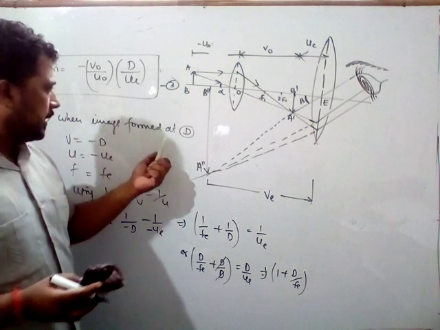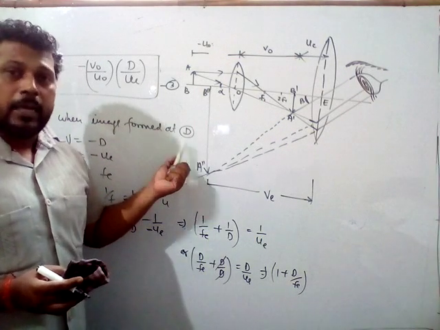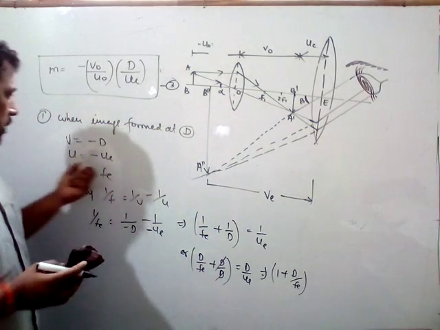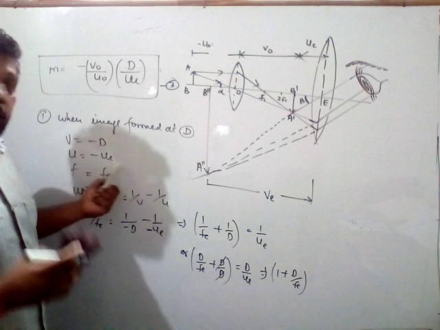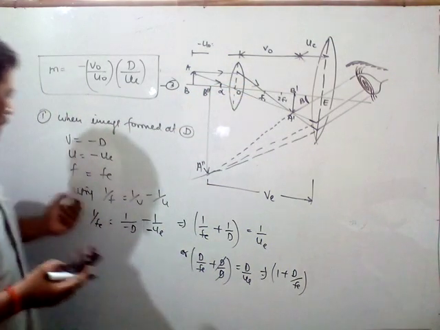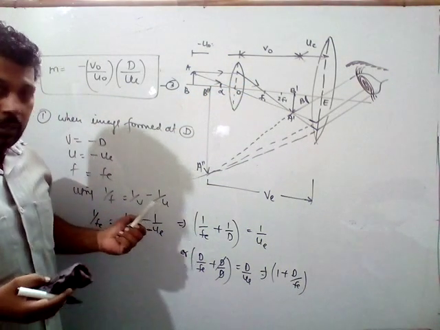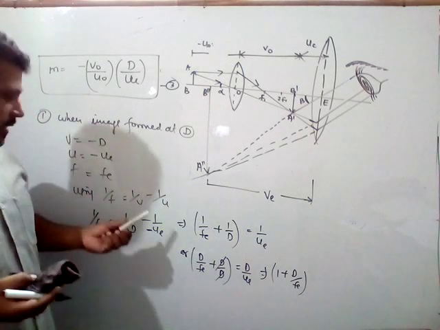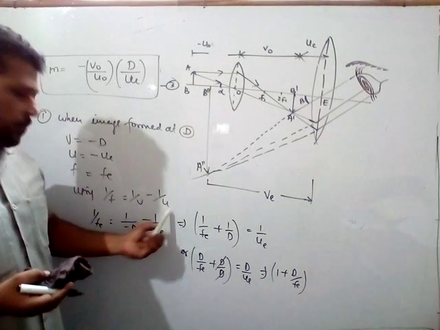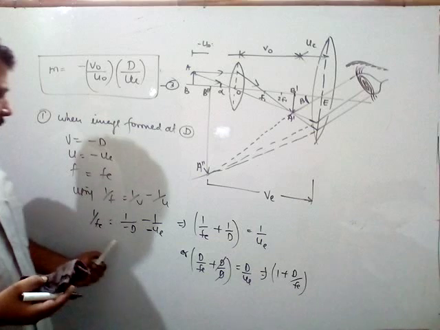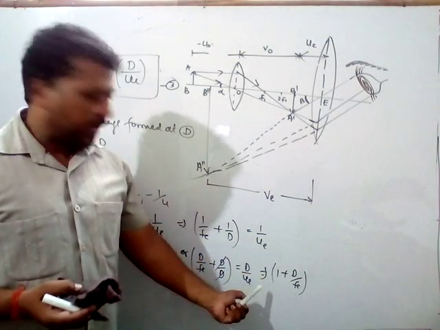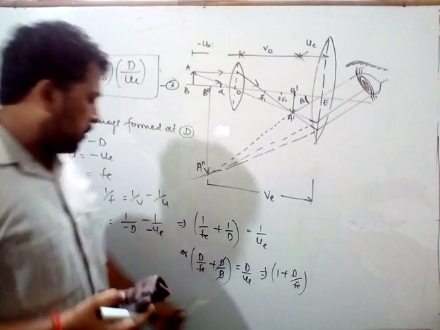Okay, so this is the magnifying power for the compound microscope. Let me consider here, whenever the image is formed at distance D, then V is equal to minus D, U is equal to minus UE, and F is positive for the eyepiece lens or convex lens. So using this lens formula and solving this, simply it is the magnifying power of the simple microscope.